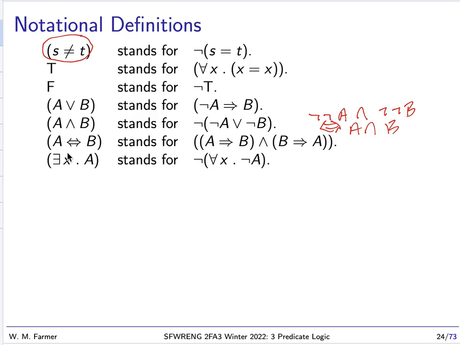And logical equivalence, like I said, could be called biconditional. It's sometimes called bi-implication. It's also called if and only if. This is just going to be A implies B and B implies A. And existential quantification stands for not for all x, not A. So we're going to freely use these notational definitions because they are convenient.